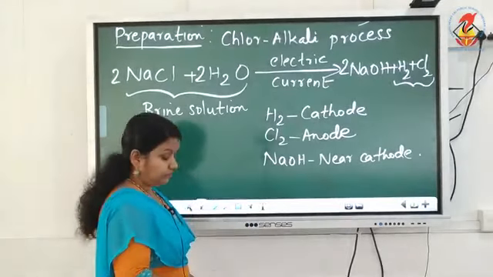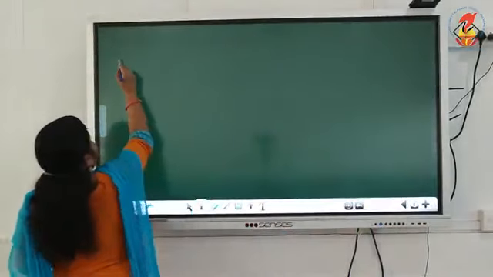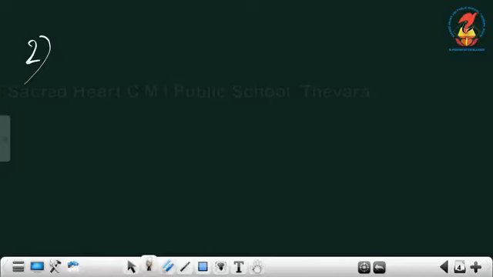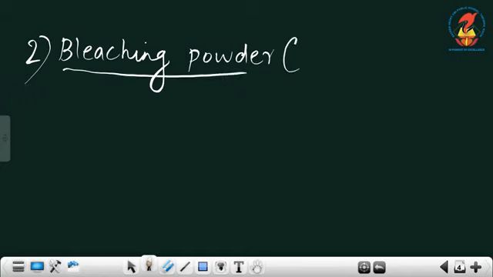Okay. Now, we move on to the next chemical which is obtained from sodium chloride, that is bleaching powder. Bleaching powder is actually the common name.